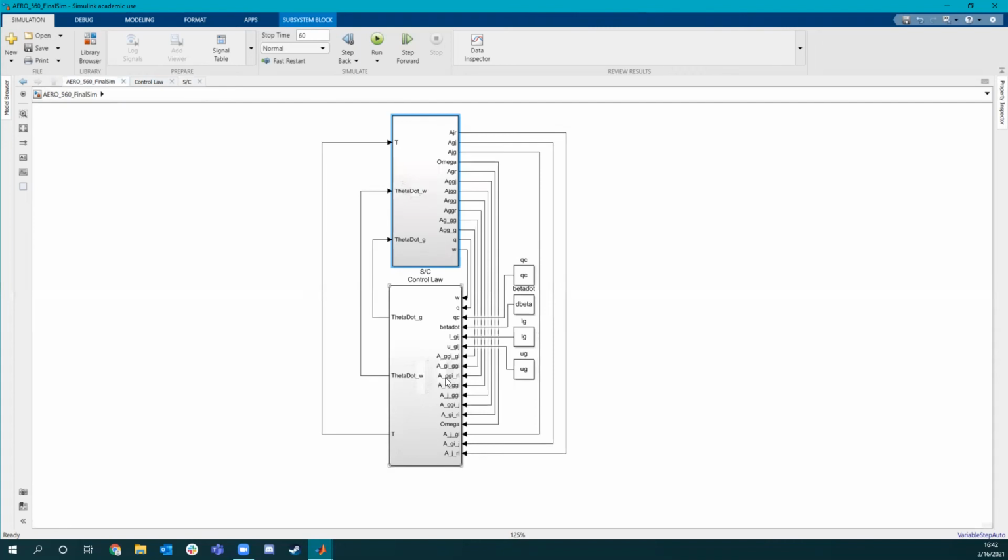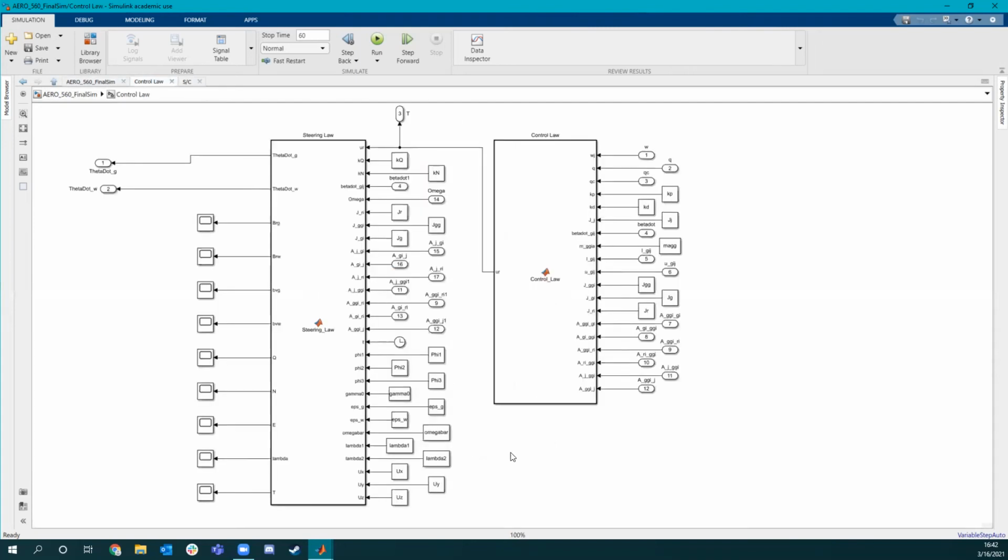And then now moving into the control block, we have similar inputs that are coming from the dynamics block that are being propagated into the control law that we went over earlier. And the control law will output a moment, which is one of the outputs that goes back into the dynamics block.